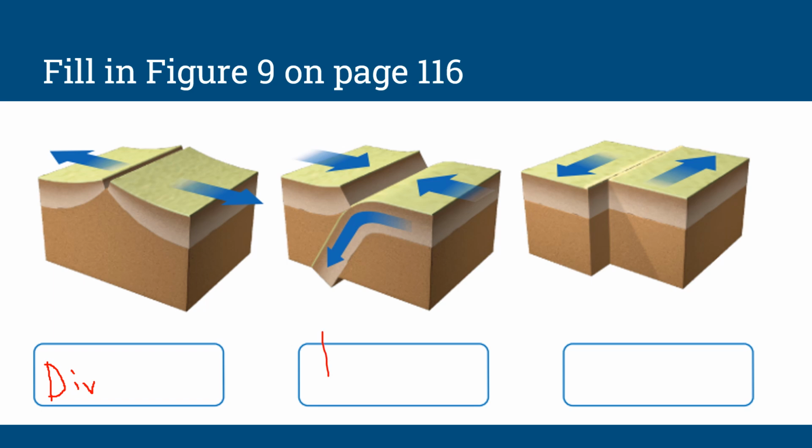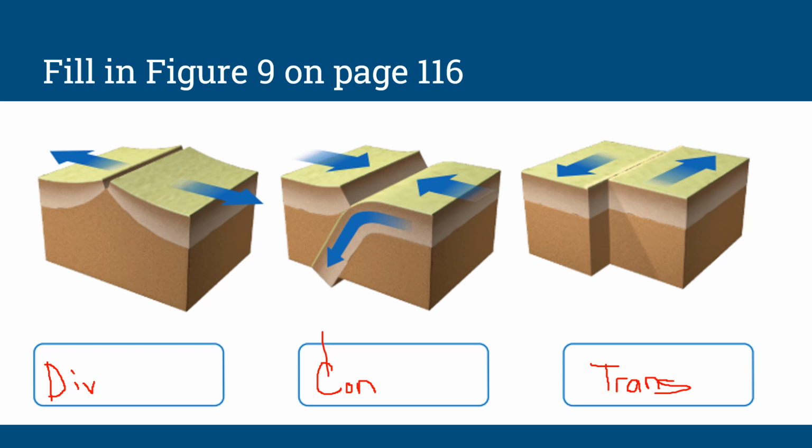This is our convergent. I'm only writing con. You guys should write convergent. And then trans means across. So these are going across, or they're going next to each other, and they're passing by each other. So that is the transform boundary. So I'm just going to write trans. Here, you should write transform boundary.